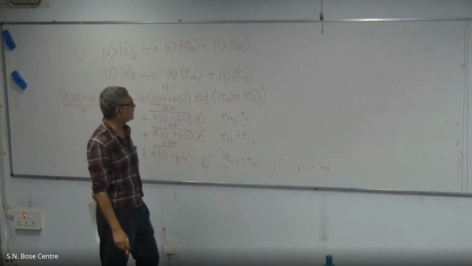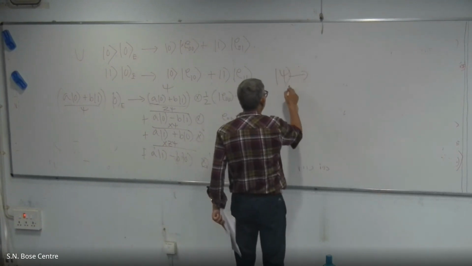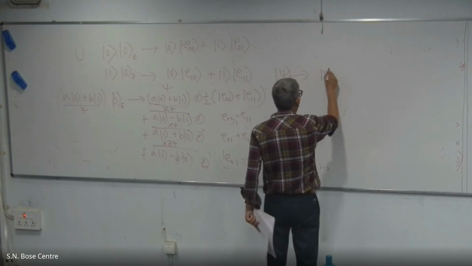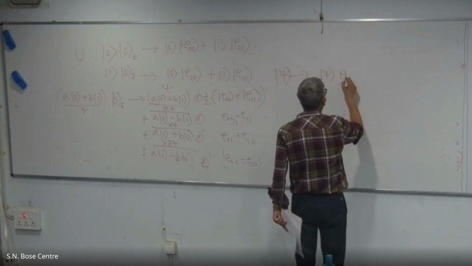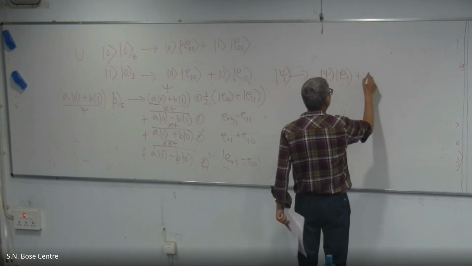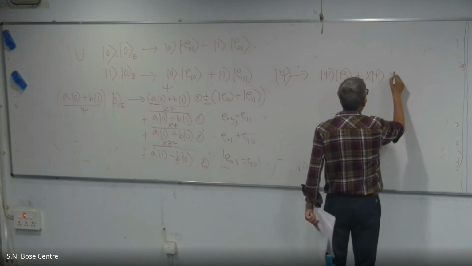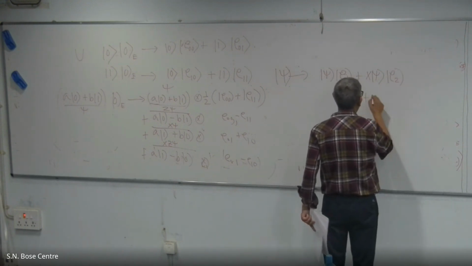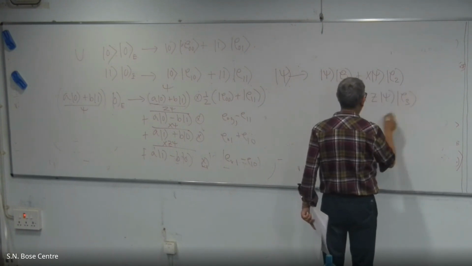So finally what you see is that after this correction, the qubit state psi goes to psi with some environment E1, plus X psi with some environment E2, plus Z psi with some E3, plus XZ psi.